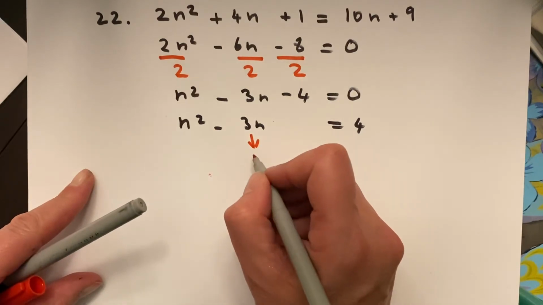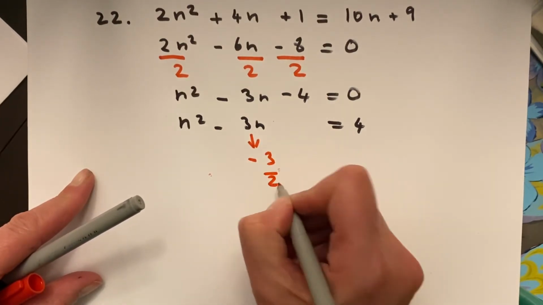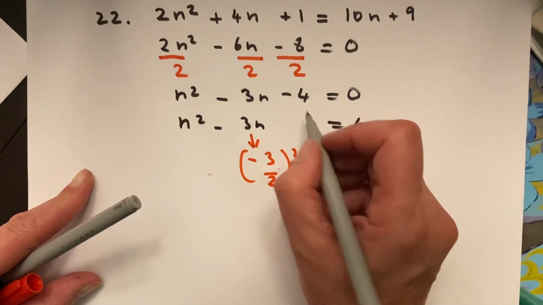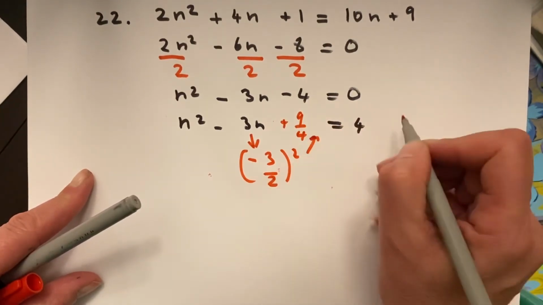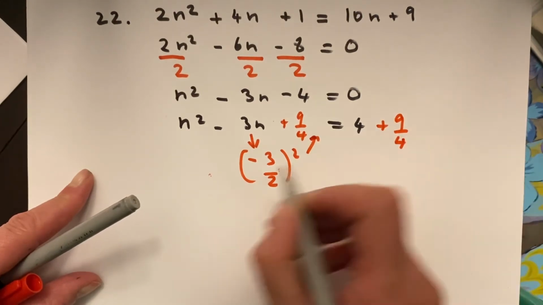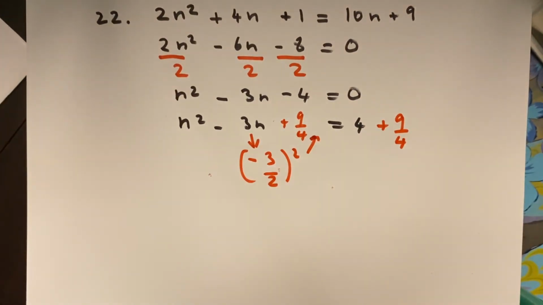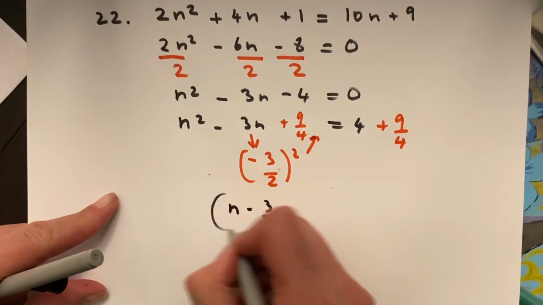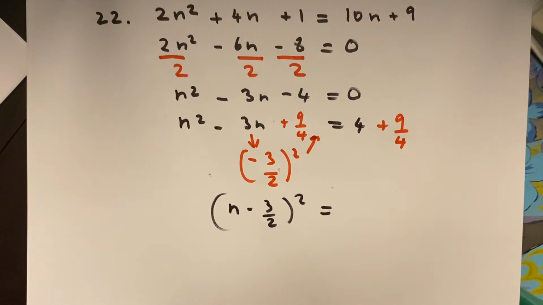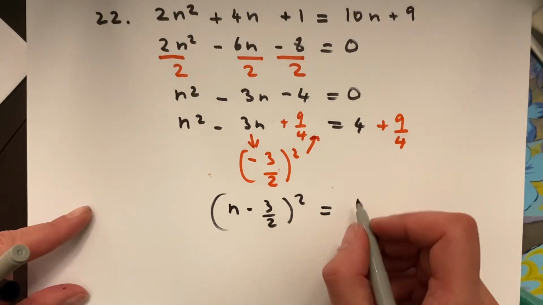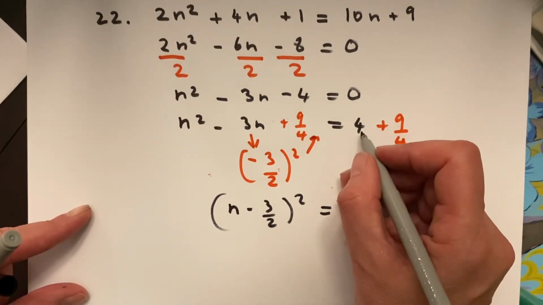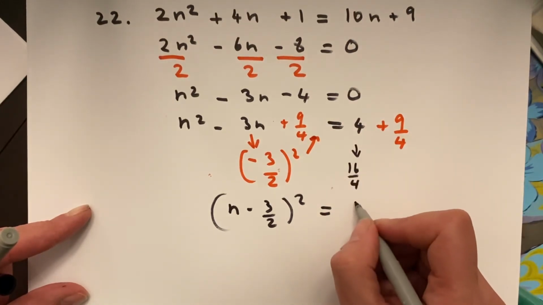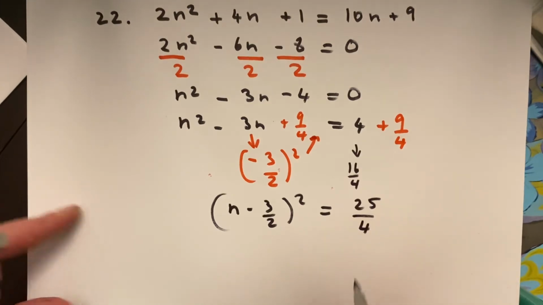I take this value here, I get negative 3 divided by 2 squared, and I can add 9/4 on this side, and then 9/4 on this side. n minus 3/2 squared is now what I have left as my perfect square binomial, and is equal to 16/4. 4 becomes 16/4 plus 9/4, which is 25/4.